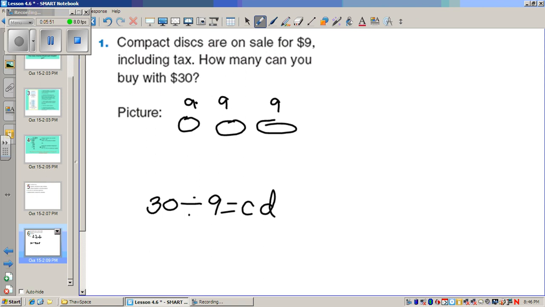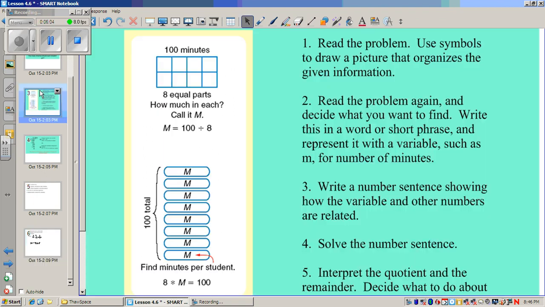Now, I know 9 times 2 is 18, and 9 times 3 is 27. So again, I could do my problem like this as well. So if I go back, I could do a multiplication problem. Now, this one, we had the 100 minutes and we did 8 equal parts, but we're dealing with parts, not money in this case.